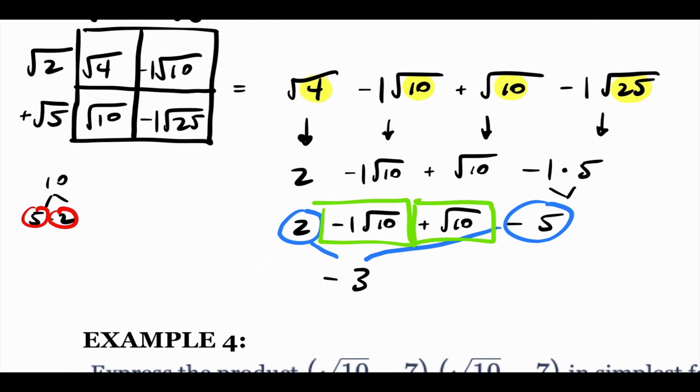They both have the same square root. So I'm not going to touch the tens. I'm going to add their numbers in front. So one of them has a negative 1. What does the other guy got? Positive 1, right? So what is negative 1 plus positive 1? 0. So those cancel each other out. So the only thing you're left with is regular negative 3. The roots canceled each other out. You don't have a root.